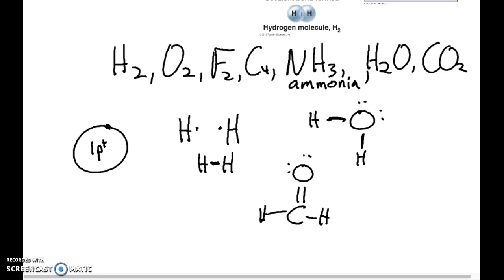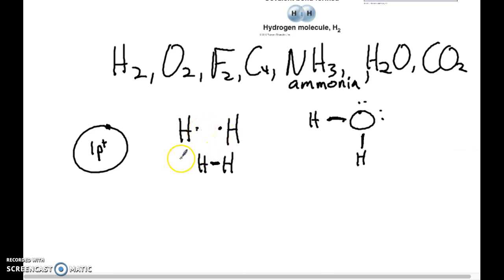So let me go back just a second here. Now, if we have 2 elements of the same one, okay, such as the 2 hydrogens here, their electronegativity, how much they want to hang on to that electron, are exactly the same.